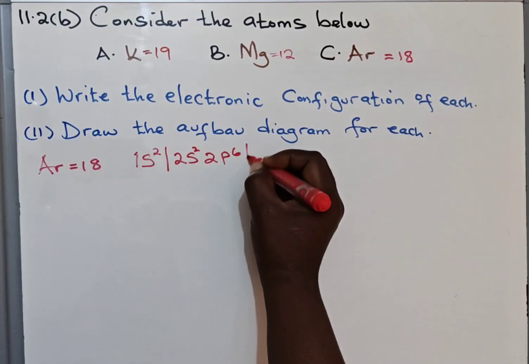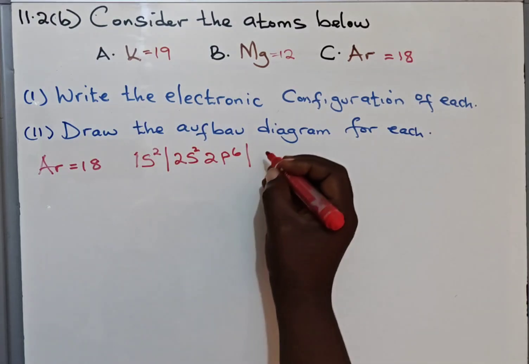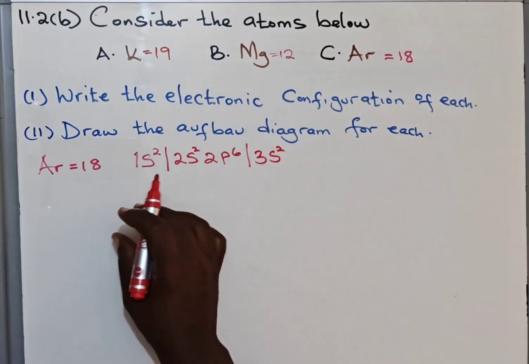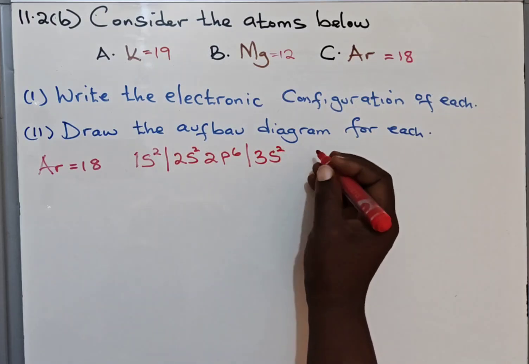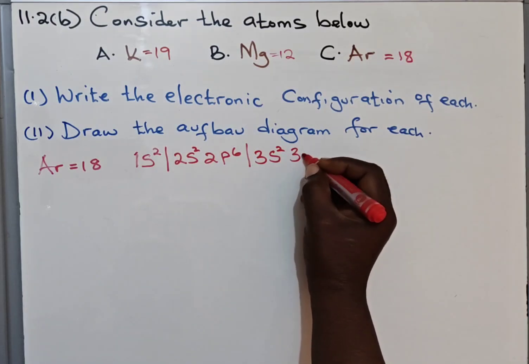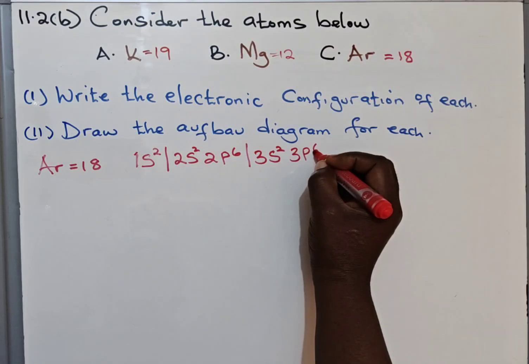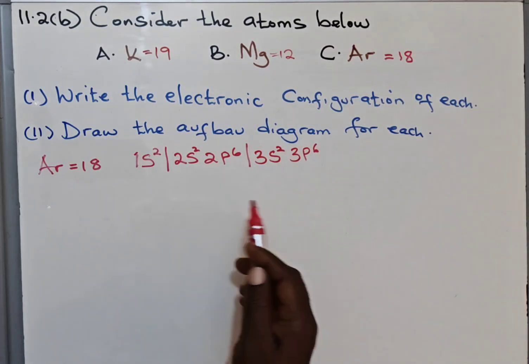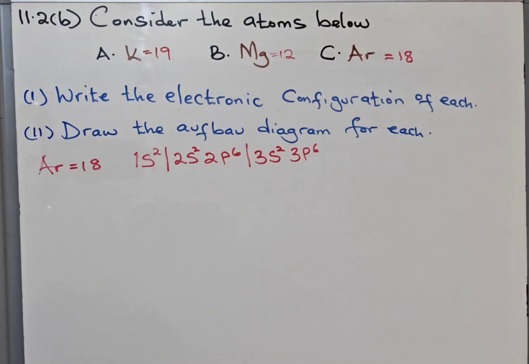Those are already 10. Then we go to the third one. The third one is 3s2. That's 12. Then 3p6. That's 18. Yes, this is the electronic configuration of argon.